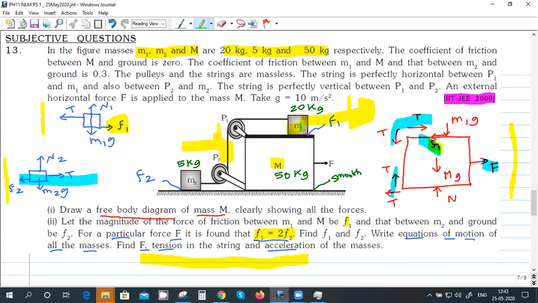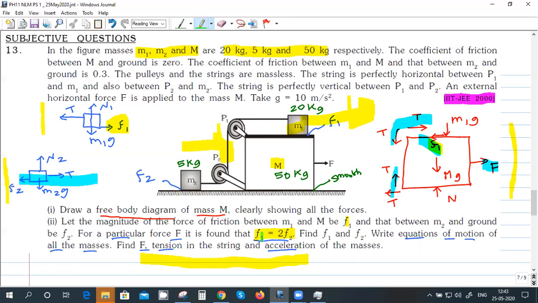M1 may be stationary with respect to the ground, so A1 will be 0 and A2 is also 0. Actually, A2 is same as A1 because of the string. In that case, when you work out, the tension in the string should be related to F1. And if you use that value of tension here, you will find out that there will be slippage between M2 and the ground. So there is a contradiction. So that case will be ruled out.